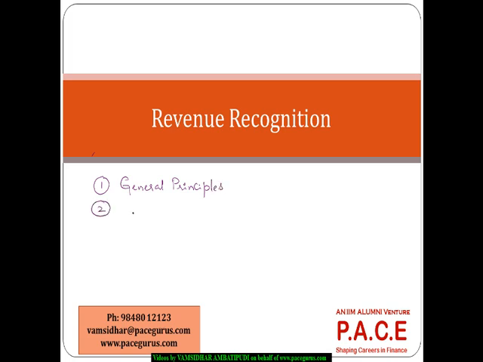And I would also focus on some special cases under which there is a difference in the way the revenue is recognized, especially how would I go about with long-term contracts, right? How are the general principles slightly deviated when I have to consider the long-term contract, or when I have to consider the installment sales?